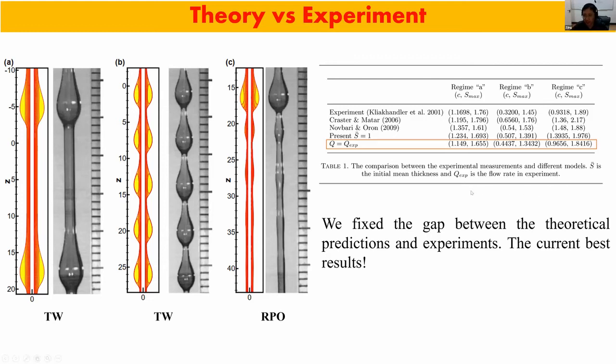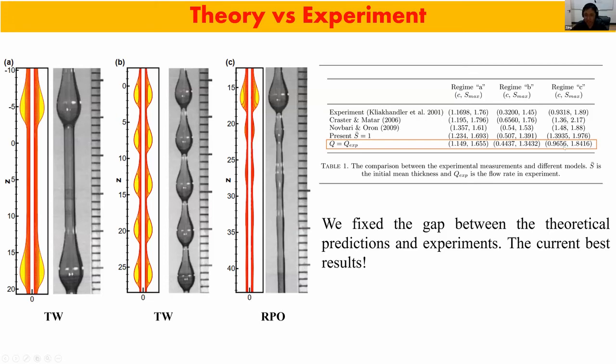And we find that by matching the flow rate in the numerical study and the flow rate in the experimental study, we can predict the wave dynamics correctly in all the flow regions, especially in flow region C. The previous study reported that the predicted wave speed is about 30 to 40% higher than the experimental value.